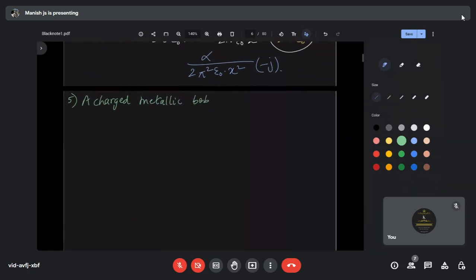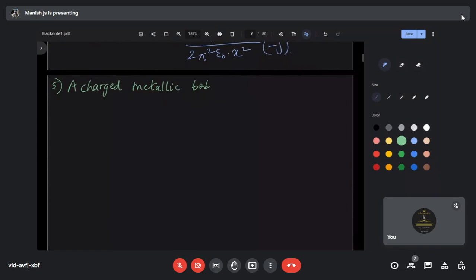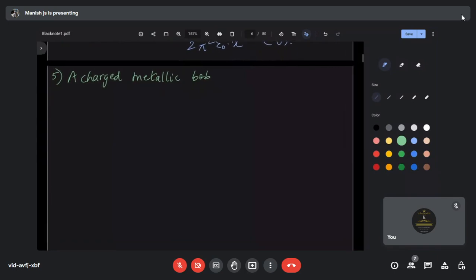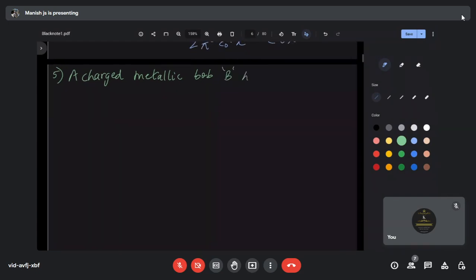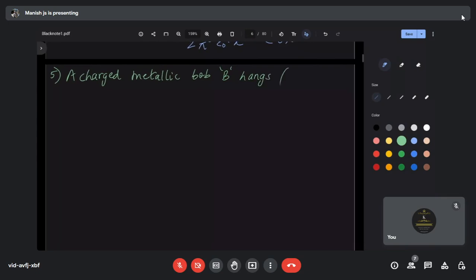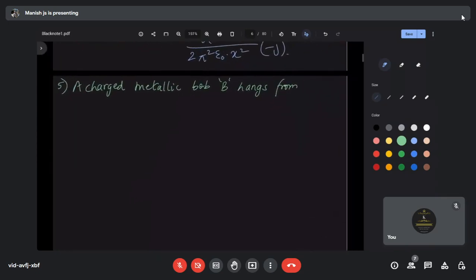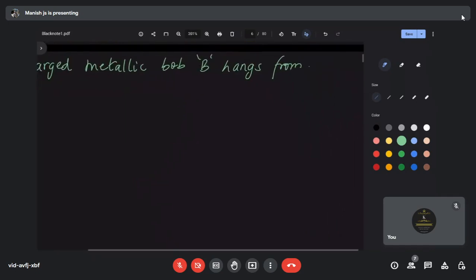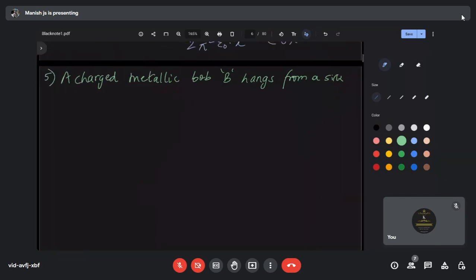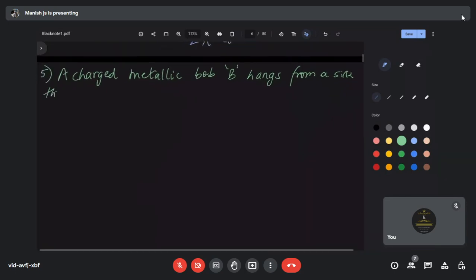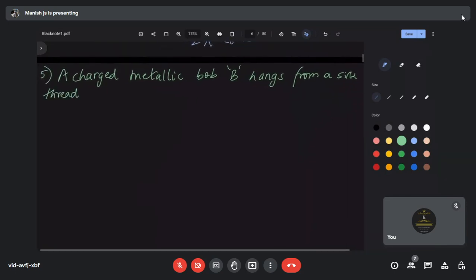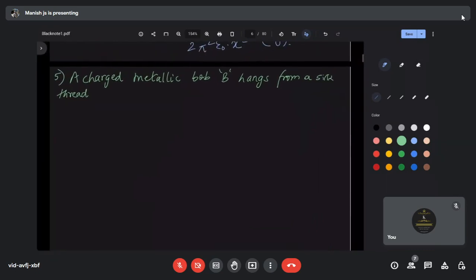Metallic bob now உங்களுக்கு தெரியும் நம்புறேன், இந்த பெண்டுலம்க்கெல்லாம் நம்ம யூஸ் பண்ணுவோம் பாருங்க. So that is a metallic bob. A charged metallic bob B hangs from a silk thread.